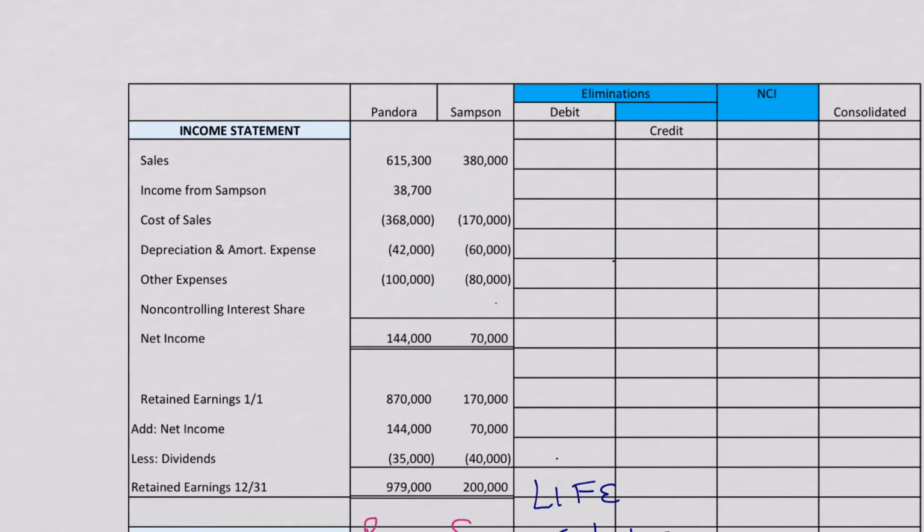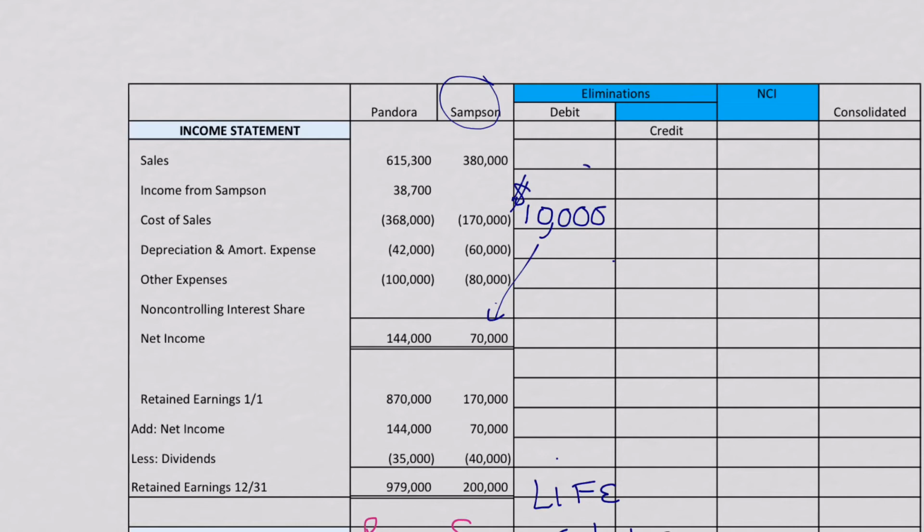This is inventory, so we're not going to show it as amortization. We're simply going to add it to the cost of goods sold, and therefore that's where it's going to show up. It's going to show up here as a debit to cost of goods sold. The same net effect happens. Income is reduced because there's an additional expense above and beyond the book value expenses as recorded by Samson, the subsidiary in this case. And just like depreciation, it reduces the overall consolidated net income by the amount.